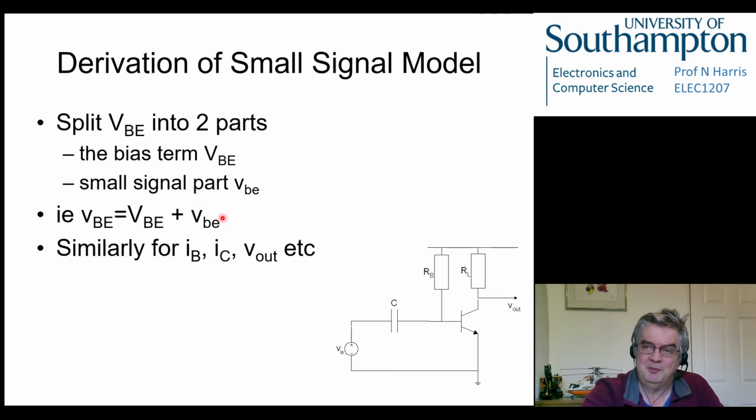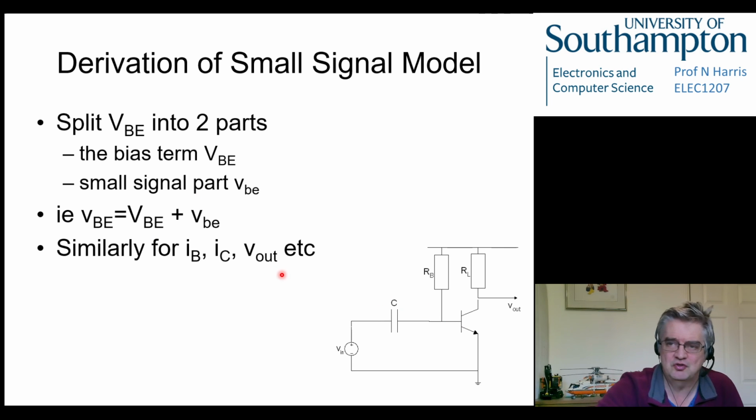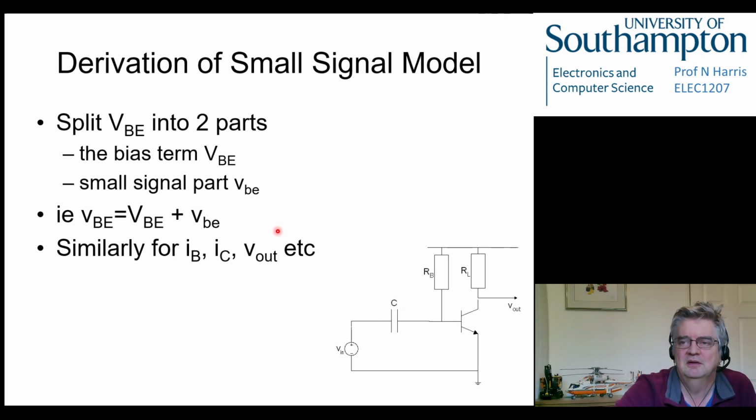We've got a static part that's not moving and a bit that can move, and the bit that moves comes in through here, and the bit that doesn't move comes from down here. And we can define the same kind of double variable for all currents and voltages in this circuit. It's just the addition of the static solution, the DC solution, and the AC solution. So it's a superposition problem.